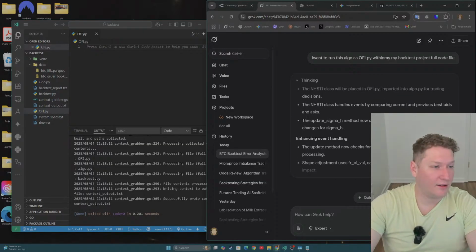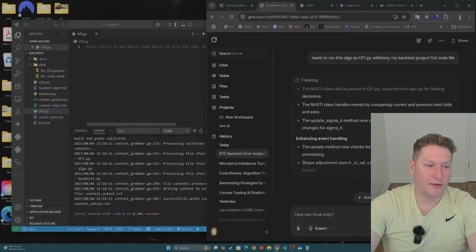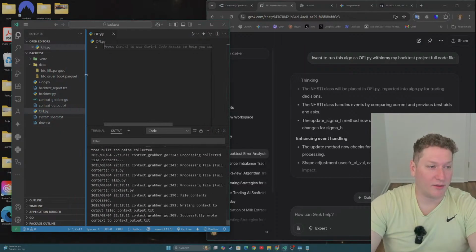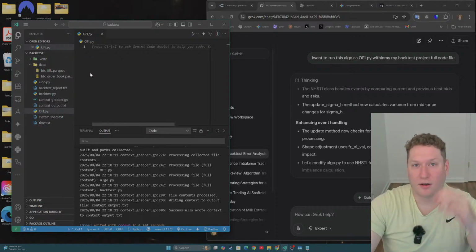As you can see, I've taken raw LZ4 files from Hyperliquid's S3 bucket. I have converted those into clean Parquet files, which was an undertaking because I've never dealt with such large files.